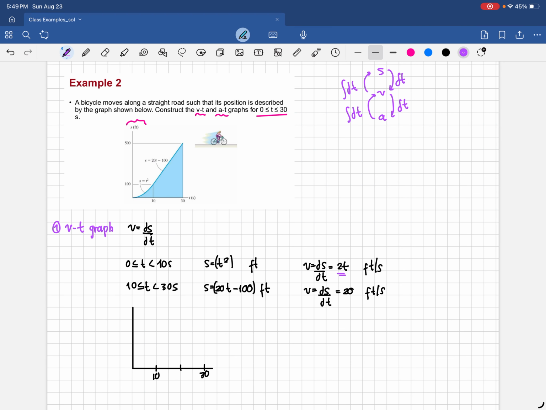When t is 0, v is 0. When the time is 10, 10 times 2 is 20. So let's do 10, 20. This is 20. And then between 10 and 30 seconds, it stays at 20.